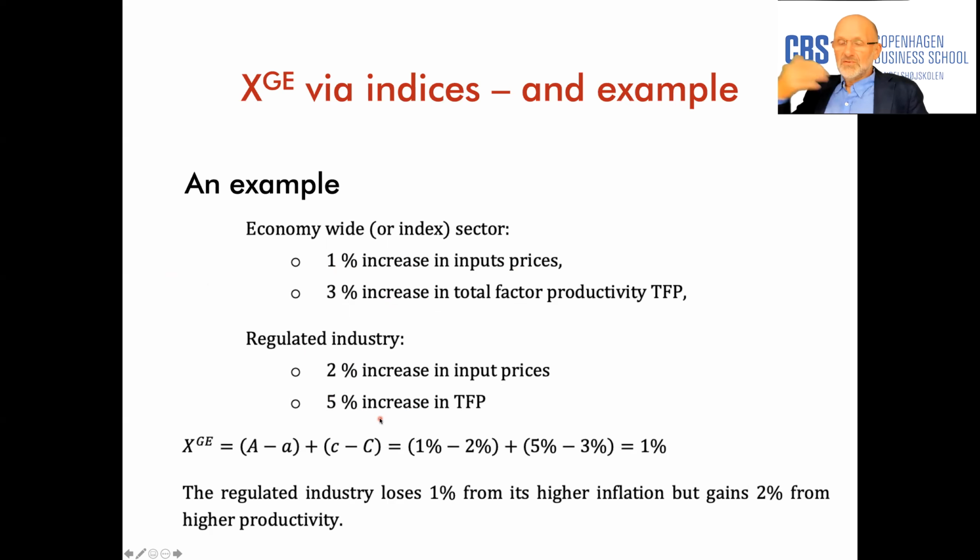Now, what kind of demand should you put on the company, ignoring individual catching up? Well, you should use the formula here. And so basically it becomes 1 minus 2% plus 5 minus 3%, which is equal to 1%. So basically what this simple analysis says is that the regulated industry loses 1% from having higher inflation, because it was an increase in input price of 2 compared to 1.